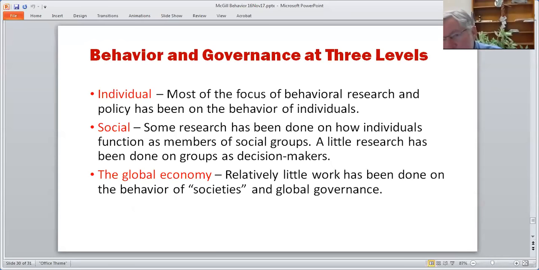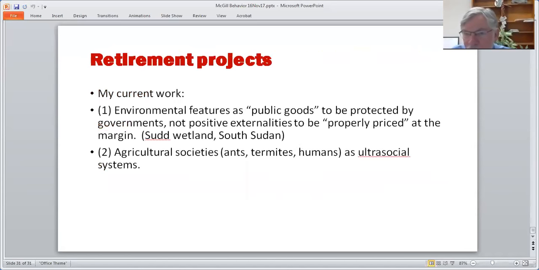How effective are the different kinds of composition of groups in making decisions efficiently? It turns out that you want some balance in terms of gender, age, experience, and so on. But on the global economy, these larger sweeping changes, relatively little work has been done on the behavior of whole societies, global government, the rise and fall of different entities.